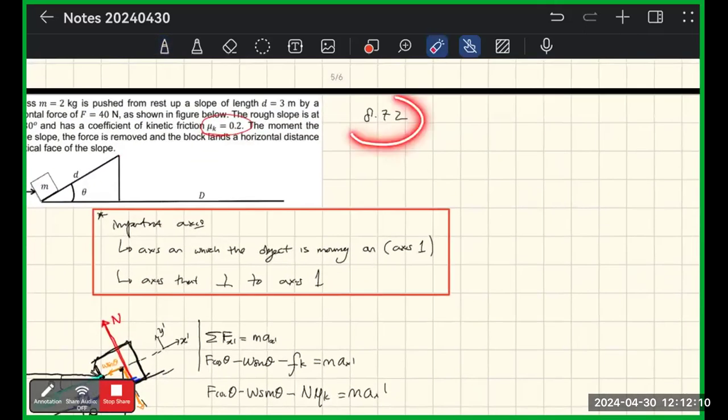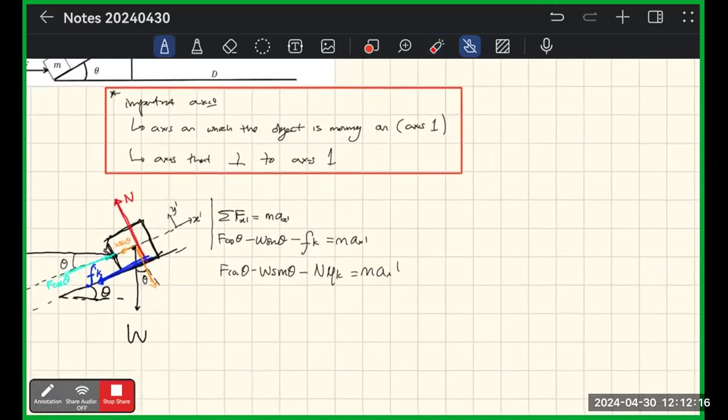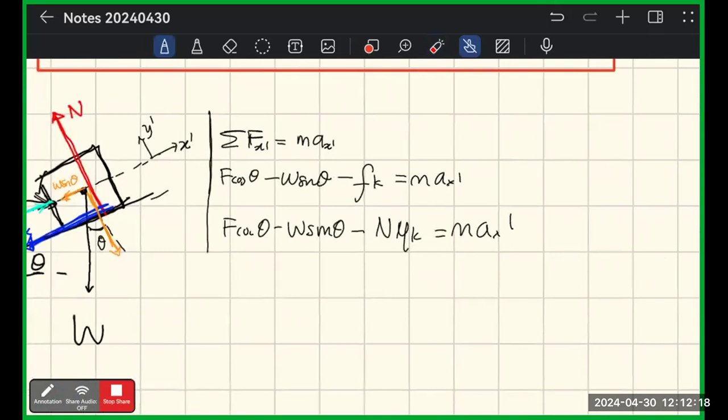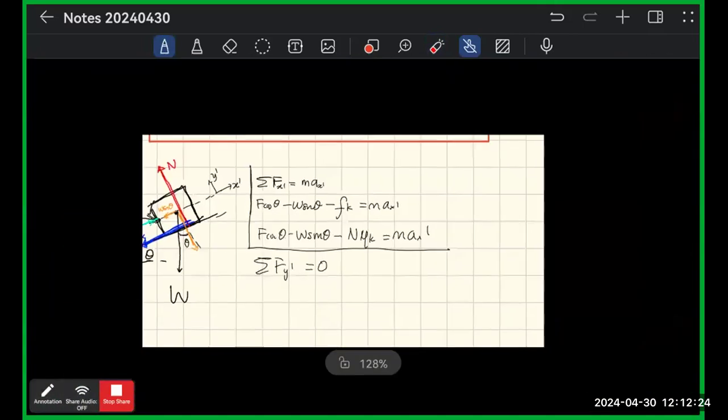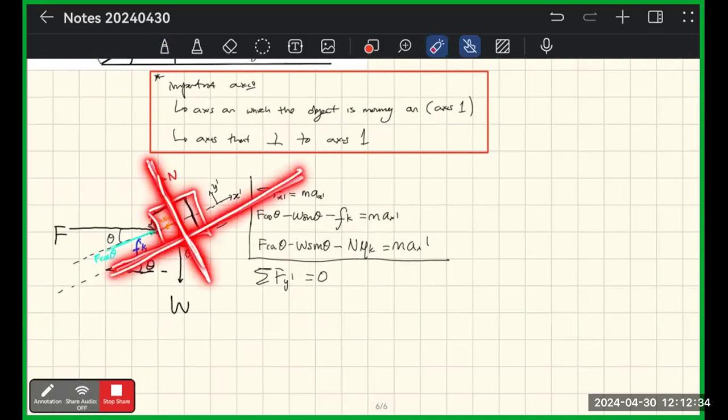Then in the direction of y prime, sigma F y prime is going to be 0. Why 0? Because this thing is not moving in this direction. It will always be stationary in this direction, or it will always be on the plane.